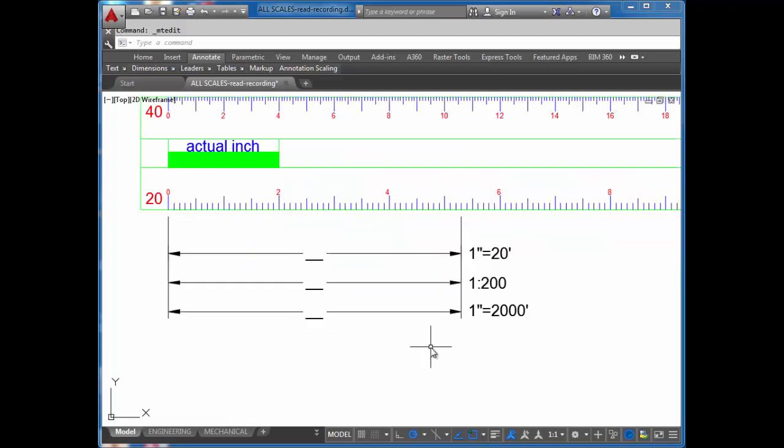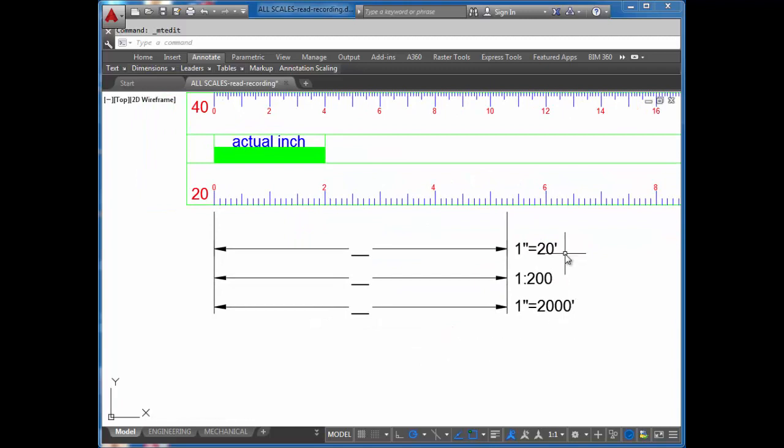So we will look at the same measurement and see how the different answers come up with slightly different decimal positions or putting a foot mark at the end, depending on how we're deciding to read that scale.